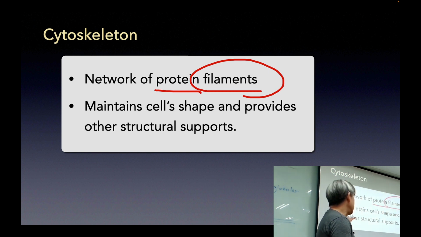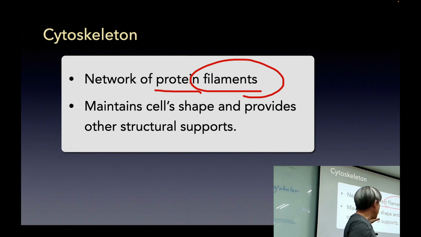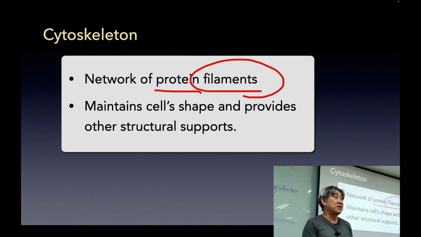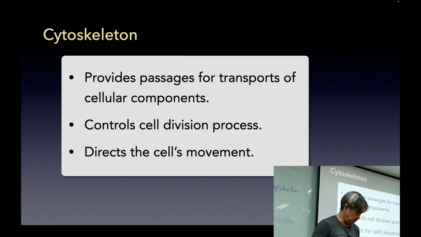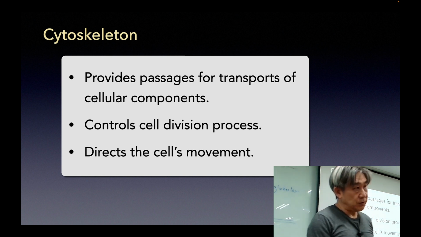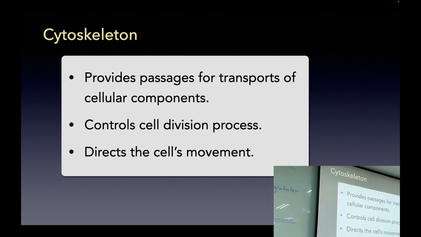So as I read, it maintains the cell shape and provides other structural support, just like our skeleton. And there are other important functions we can summarize. In addition to functioning as support to maintain shape, the cytoskeleton also functions as 1R, 2R, probably 3R.